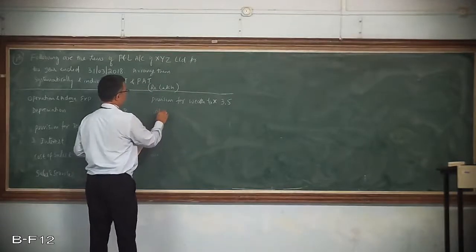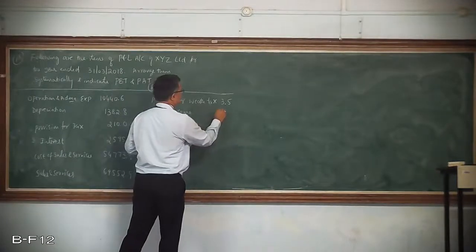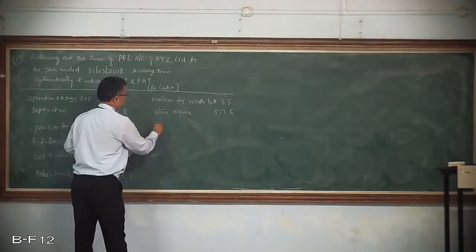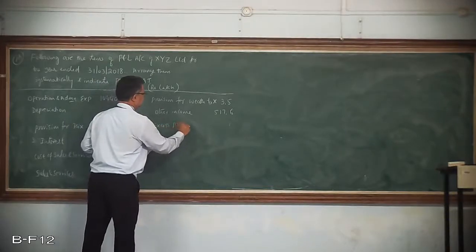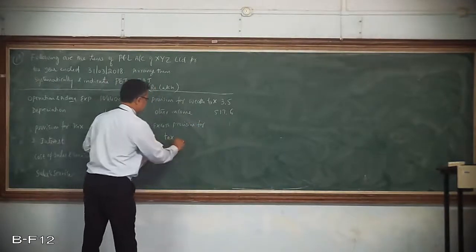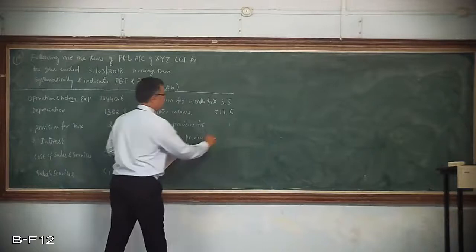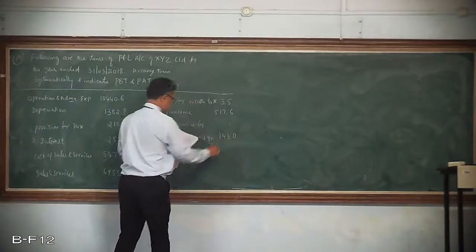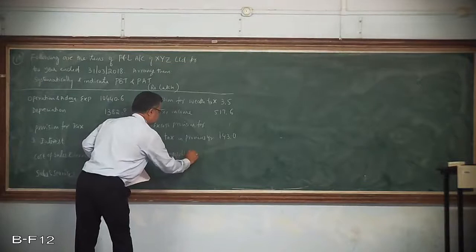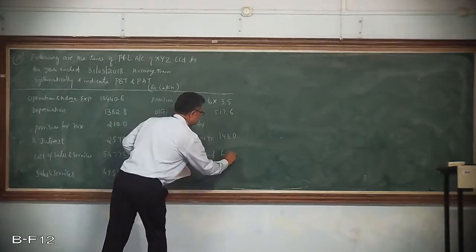Other income 517.6 lakhs. Excess provision for tax in previous year 143.0. Proposed dividend 643.8.